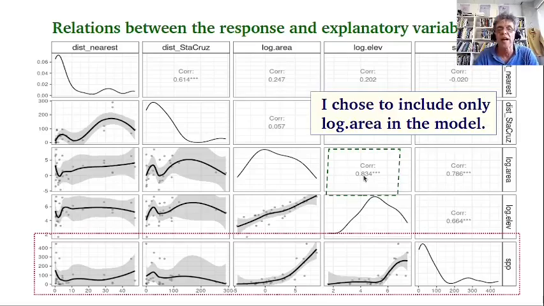I chose the log area for non-statistical reasons, and the non-statistical reason is that I am a biologist and I happen to know that there is a topic in ecology called island biogeography, where the log of the area of an island is an important feature of the theory. So based on this non-statistical criterion, I am going to use the log area as the explanatory variable instead of the log elevation.